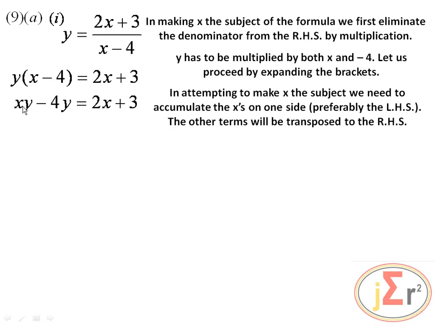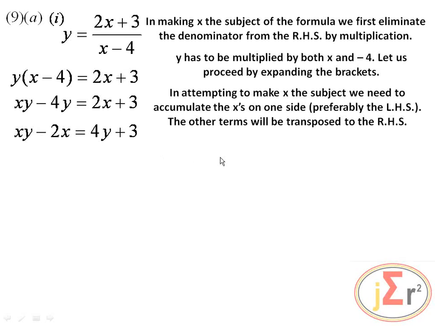So we have xy here. This one has an x, will go there, and negative 2x. This one will be on this side, a positive 4y. So xy minus 2x is equal to 4y plus 3. We took advantage of the fact that both of them will be positive to put the y first on that left hand side.